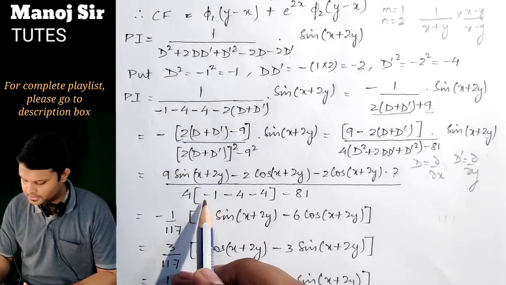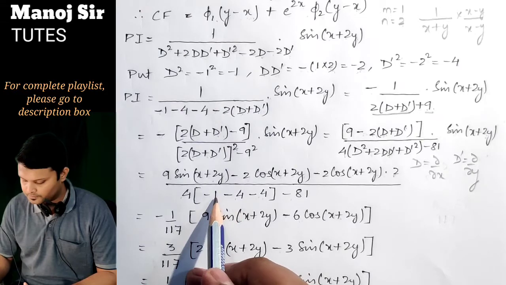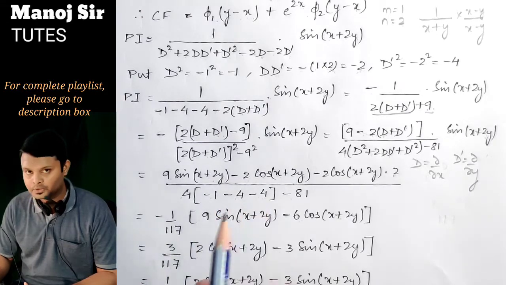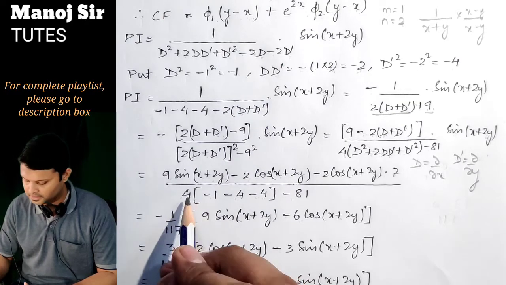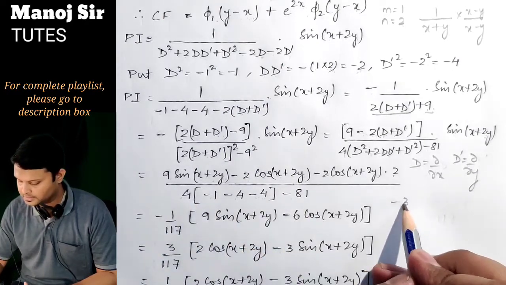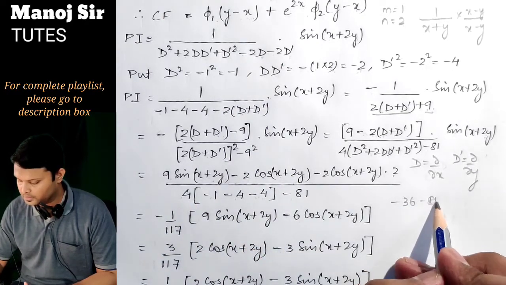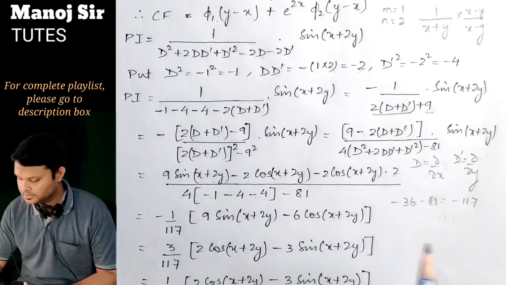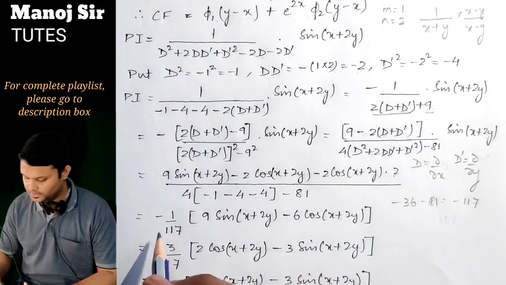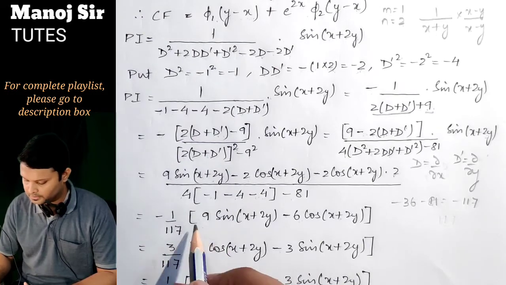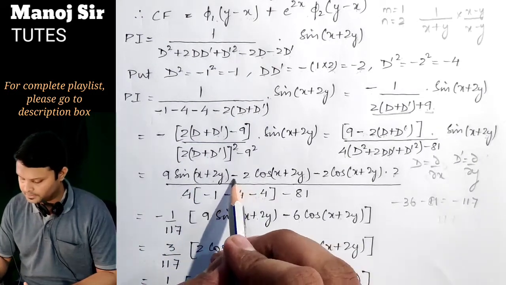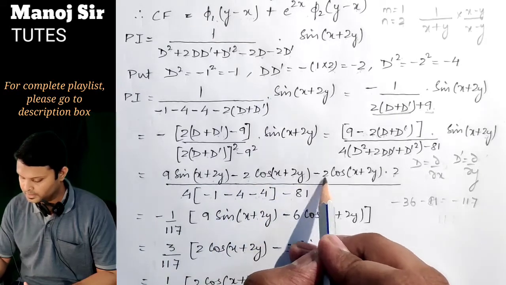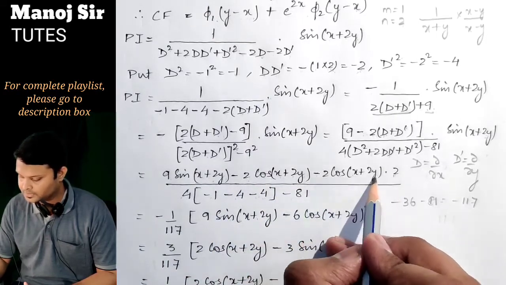Here you can see we have minus 1 minus 4 minus 4, that is minus 9. Minus 9 into 4 is minus 36, minus 36 minus 81, this equals minus 117. So here we have minus 117 upon, into 9 sine of x plus 2y, minus 2 cos of x plus 2y minus 2 into 2, that is minus 4 cos of x plus 2y.